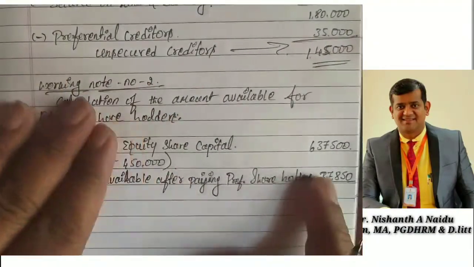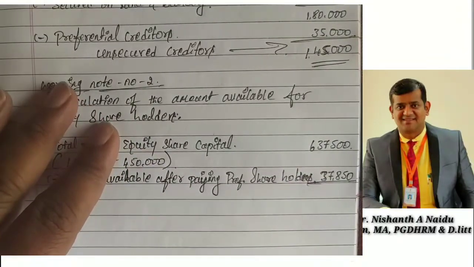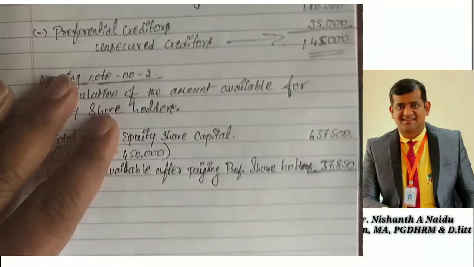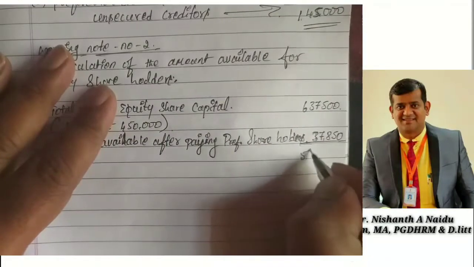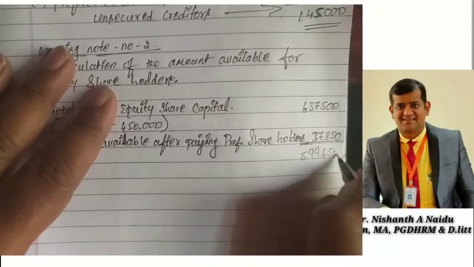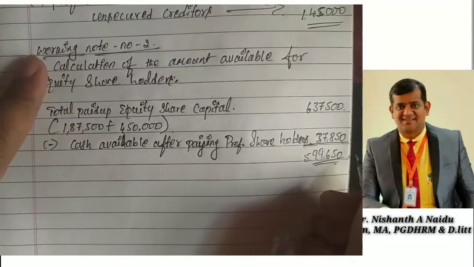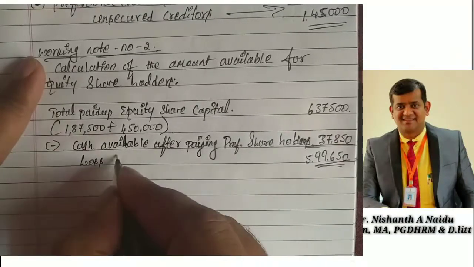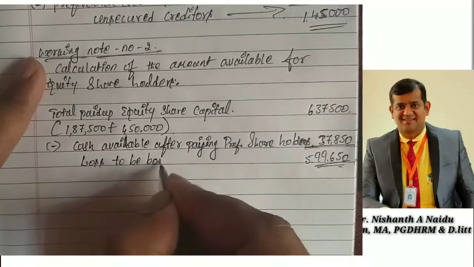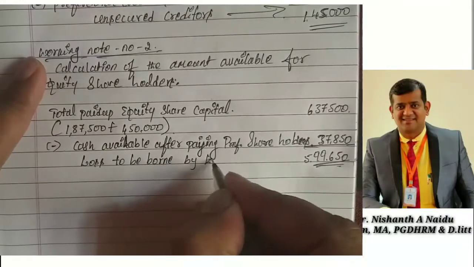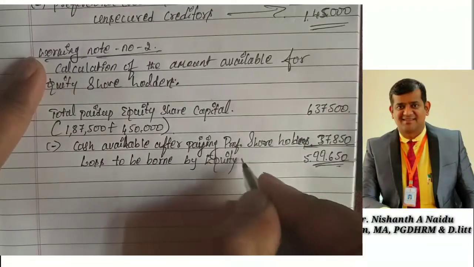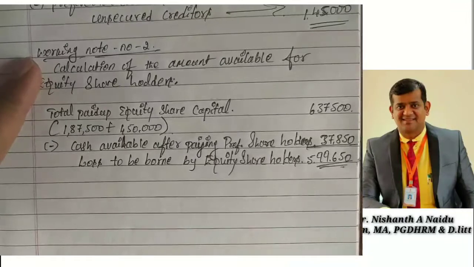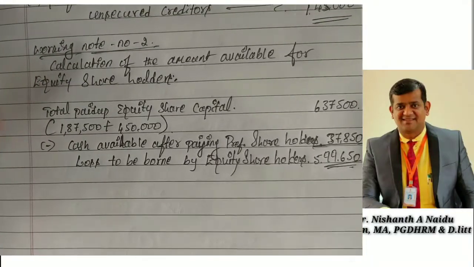So 6,37,500 minus 37,850 is 5,99,650. So that is the loss to be borne by equity shareholders: 5,99,650 rupees.